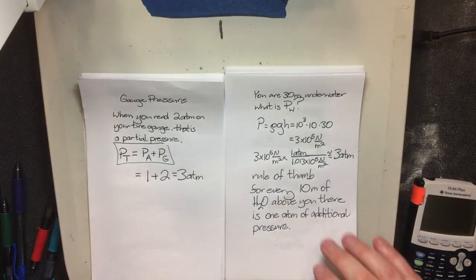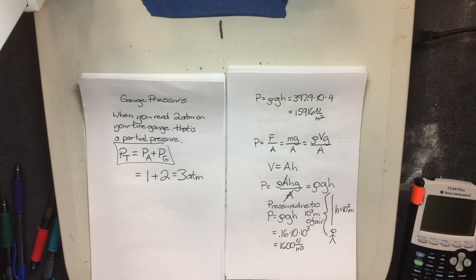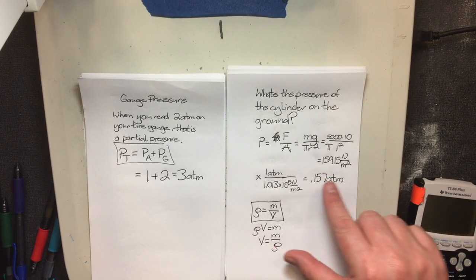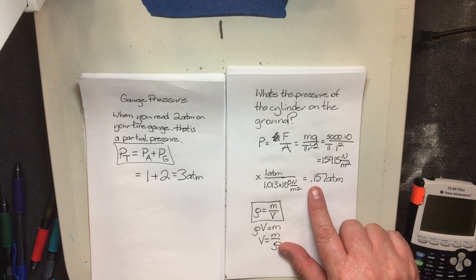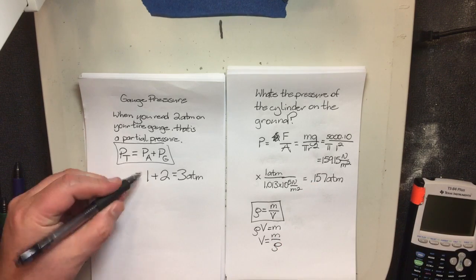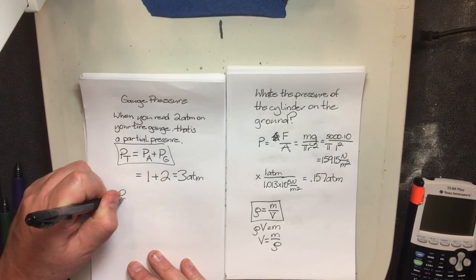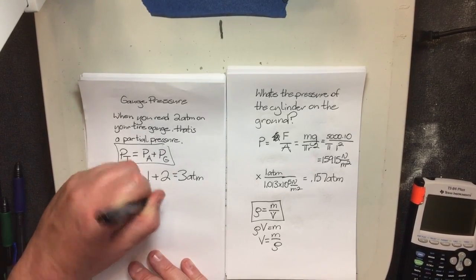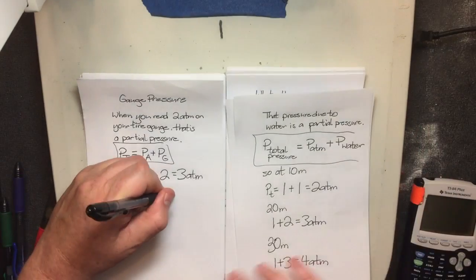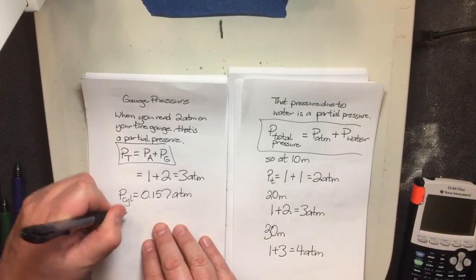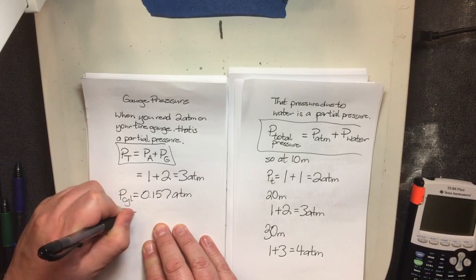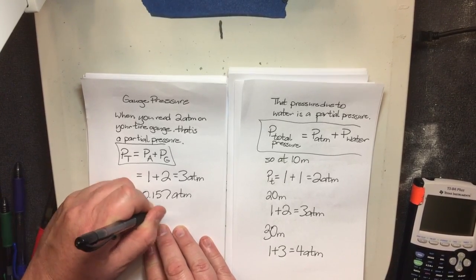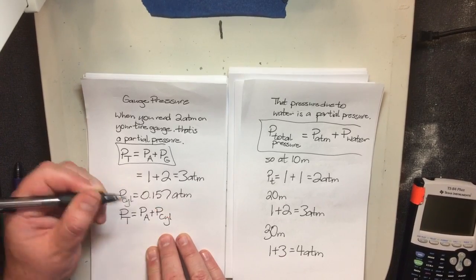This, the pressure of the cylinder on the ground, that was a partial pressure. So the pressure of the cylinder on the ground was 0.157 atmospheres. The total pressure is atmospheric pressure plus the pressure of the cylinder.